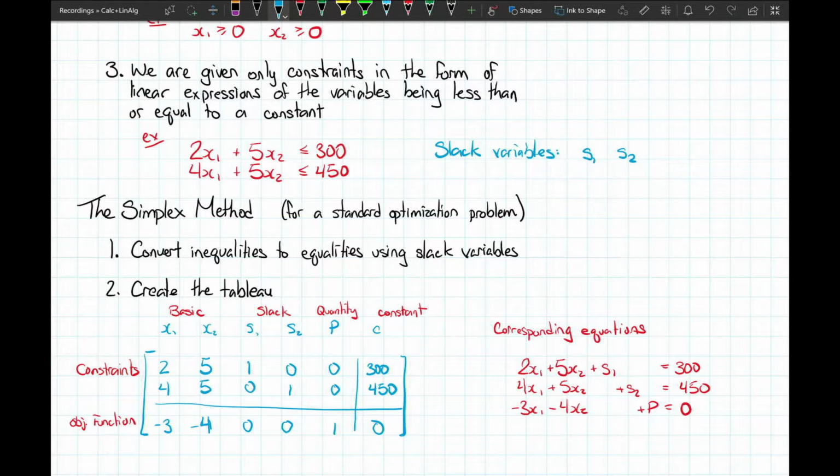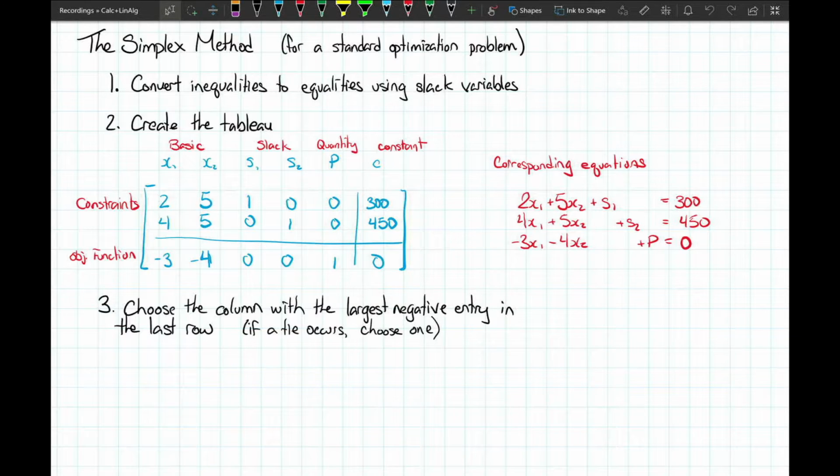Here along the bottom row, you can see that there are two negative values, -3 and -4. Of course, when they are moved to the opposite side of the equation, they become positive values, and the largest of those is going to contribute the most to profit. So, step 3 here is to choose the column with the largest negative entry in the last row.